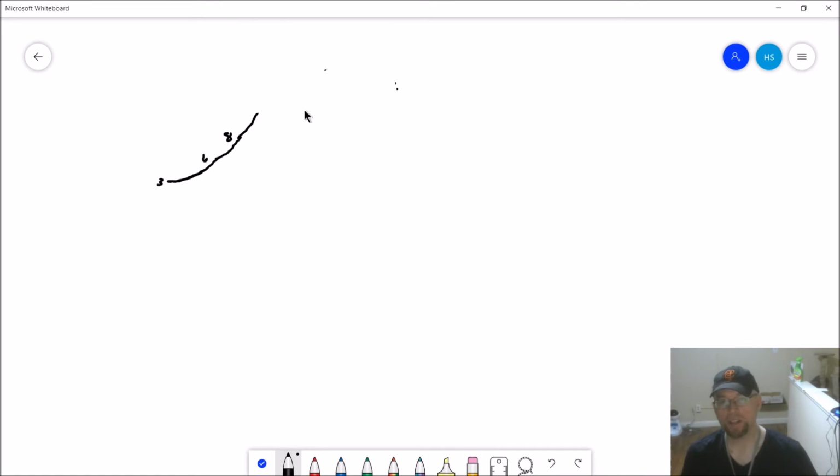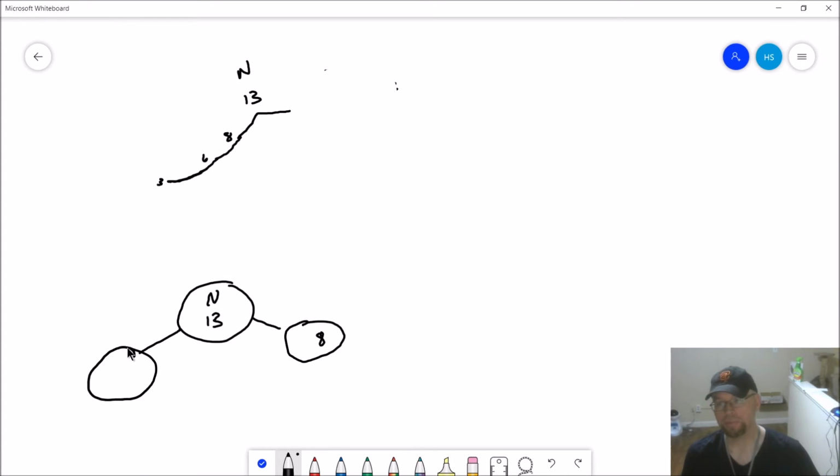We generated a node that was worth 13, and I'll call that node N. If I had a node N worth 13 by my objective function, and I generated successors, well, one is going to be worth the 8 from where I came from. But if I had another one, call it O, that was worth 13, well, then there's 13 here. That's what a shoulder looks like.